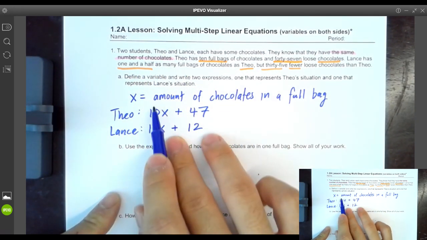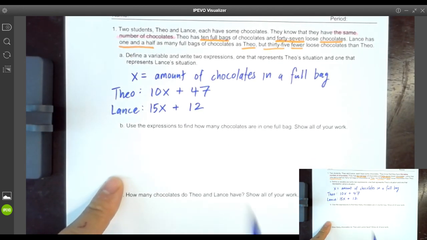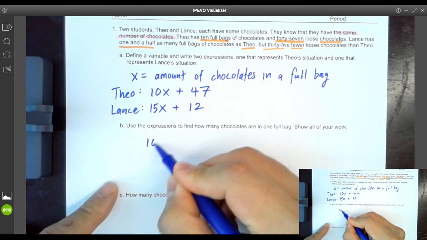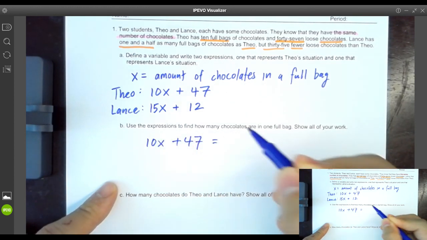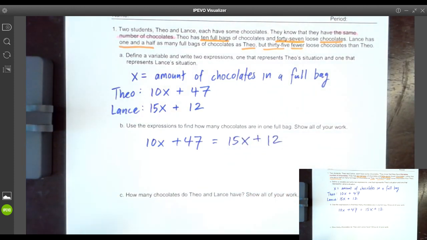So now I know that I can set them equal to each other, right? And this is what we're doing all lesson. We're solving for the variable x, even though there are variables on both sides. I'm going to go ahead and set Theo on the left side. 10x plus 47 is equal to 15x plus 12.